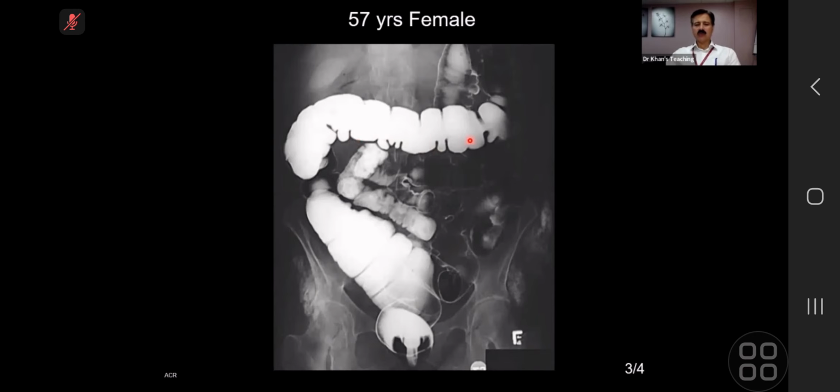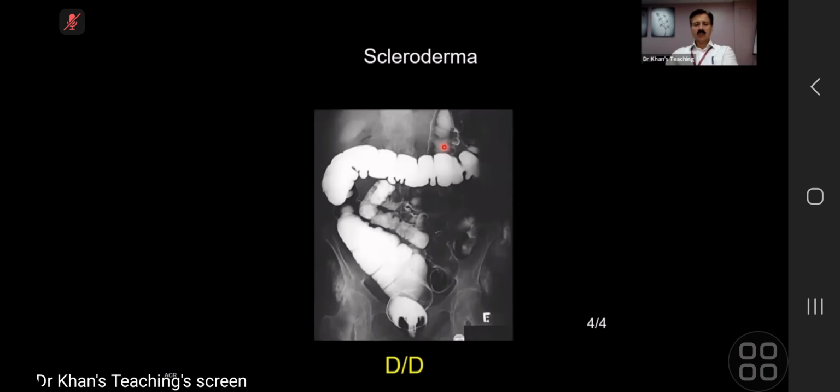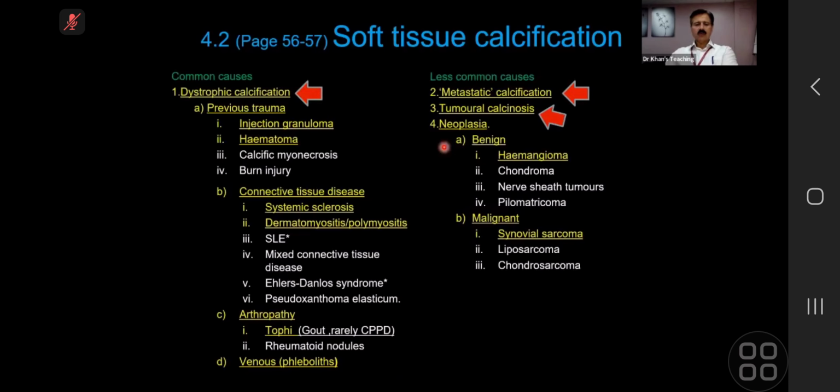We will come back to this when we do our GI. So hidebound gut type of a thing. So this is scleroderma. Now, look at this from your book. Now I'm going into soft tissue calcification and 1 or 2 things there, and then we'll close the chapter. Soft tissue calcification.